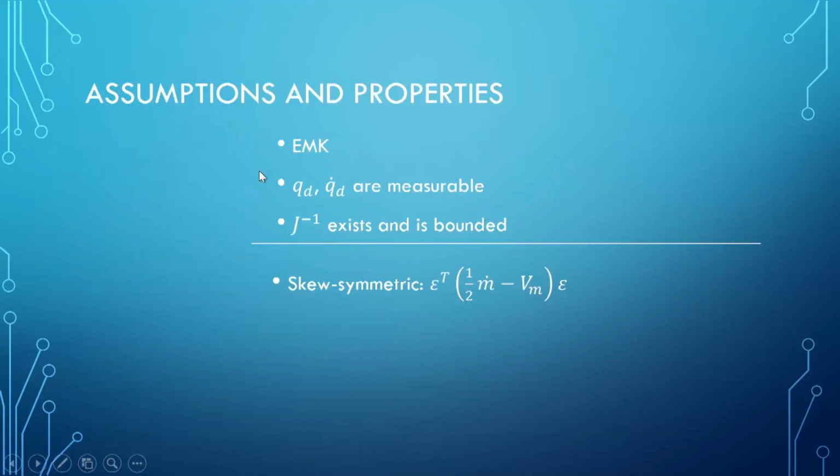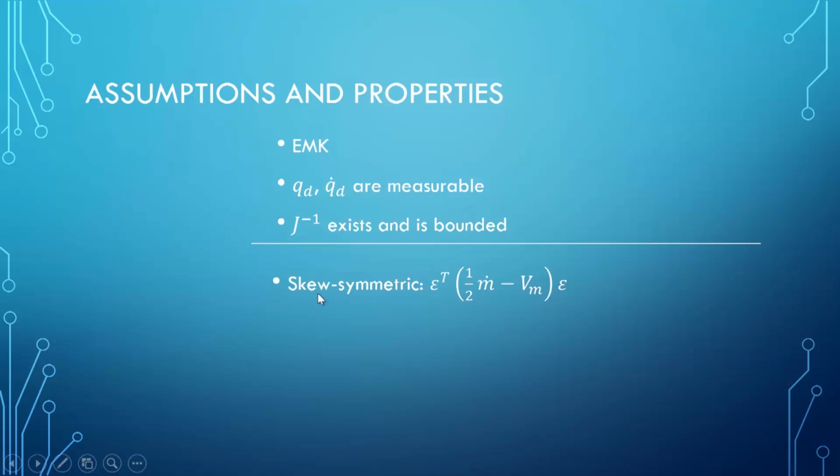Before we get into the controller design, we need to make some assumptions and properties. So for simplicity, we assume that we have exact model knowledge and the desired trajectory of the joint and its velocity are measurable. And J inverse exists and is bounded. It cannot be zero, otherwise it will require an infinitely large force to be applied on the torque. And you will see why in the formulation in a few seconds.